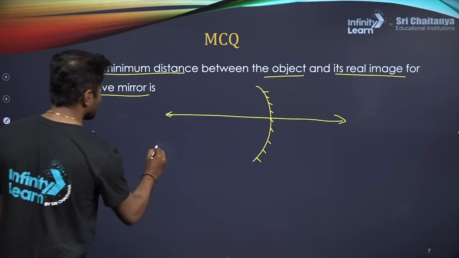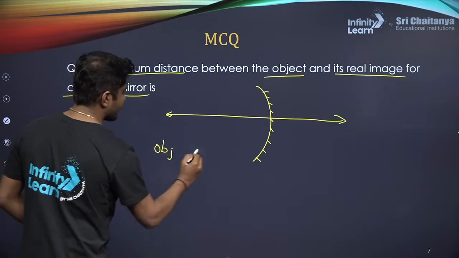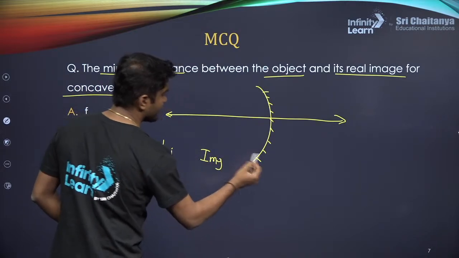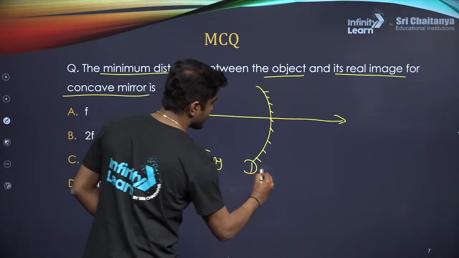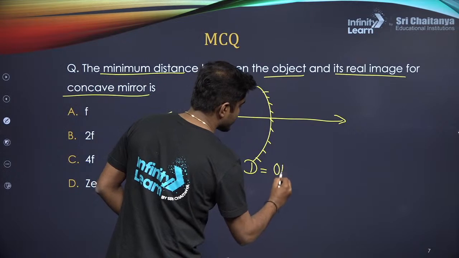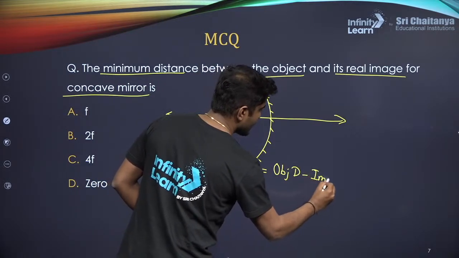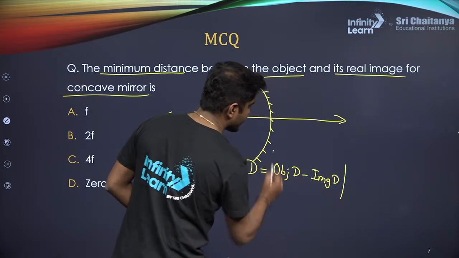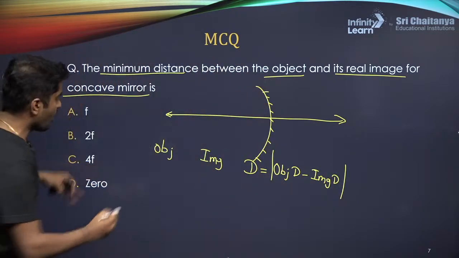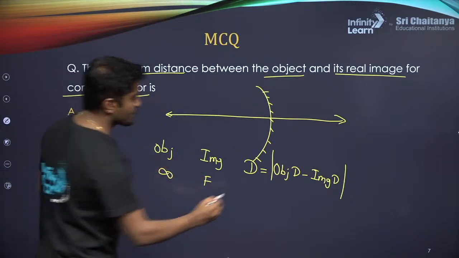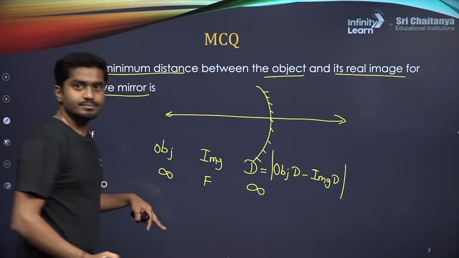So let's write down here the object, then the image location, and the distance between them, like a difference, which is object distance minus image distance, and you take the positive value of it. When the object is at infinity, image at focus, the difference between these two is infinite.